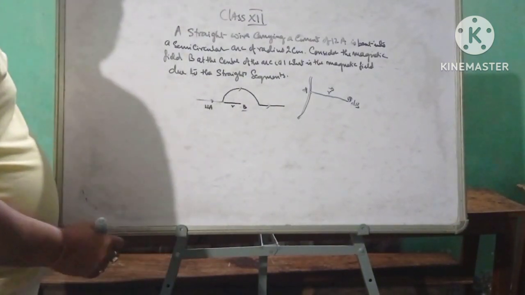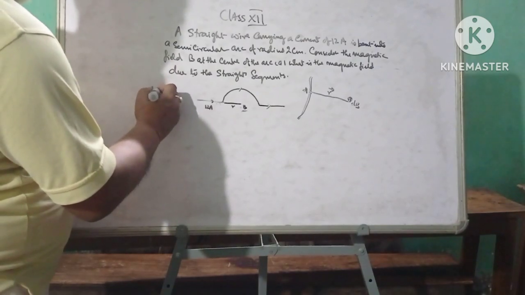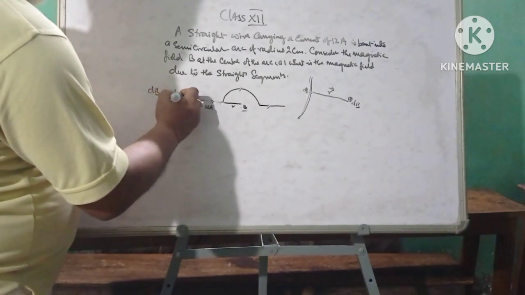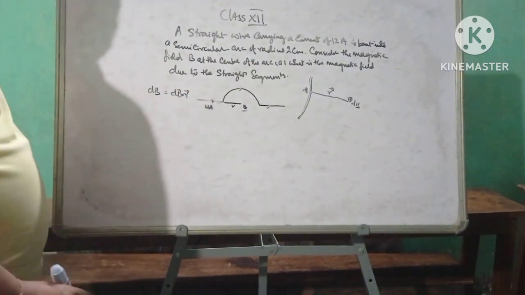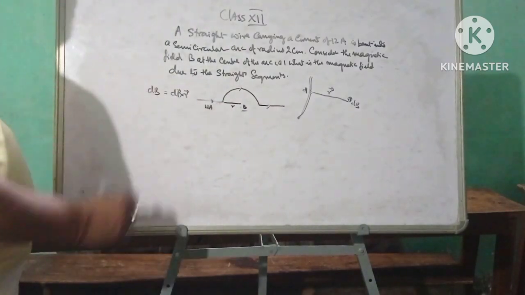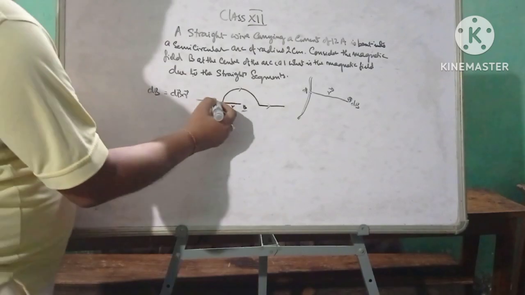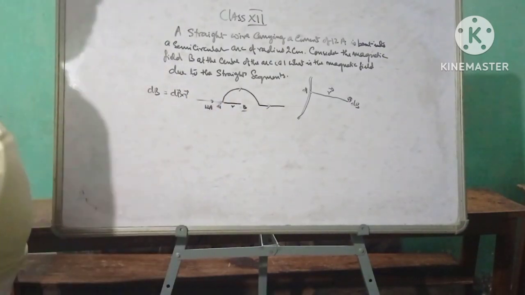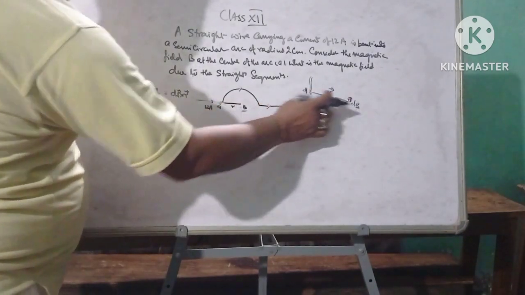In the Biot-Savart law formula you find dl cross r. Here you take a small element dl, and you match dl, dB and r with this figure.